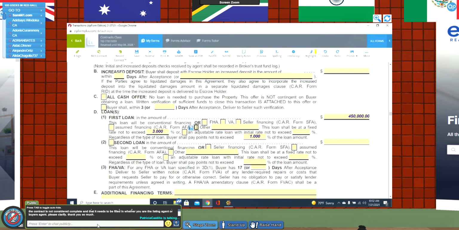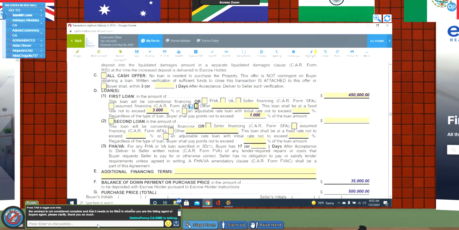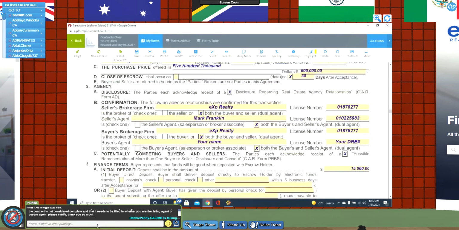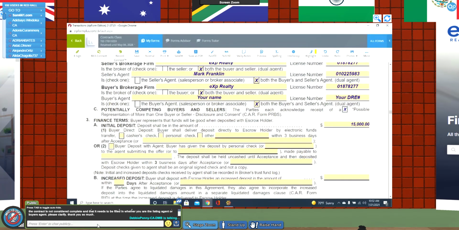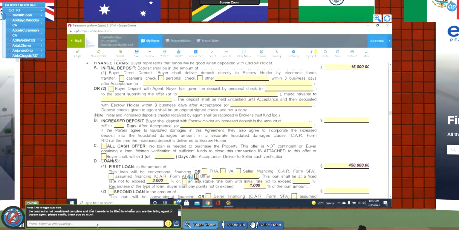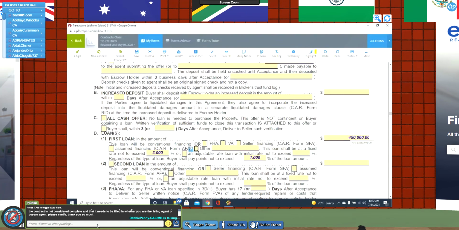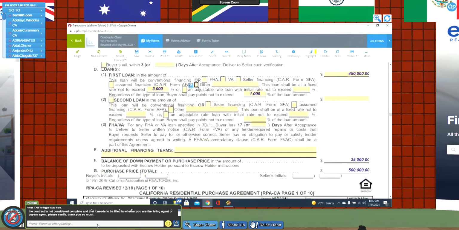Debbie, I have a question on that. Where would we notate the proceeds that are being put down as a final down payment from the sale of the buyer's property? Well, what's going to happen is you fill out your deposit and your loan amount. It's going to automatically fill in item F, which is the balance of the down payment or purchase price.